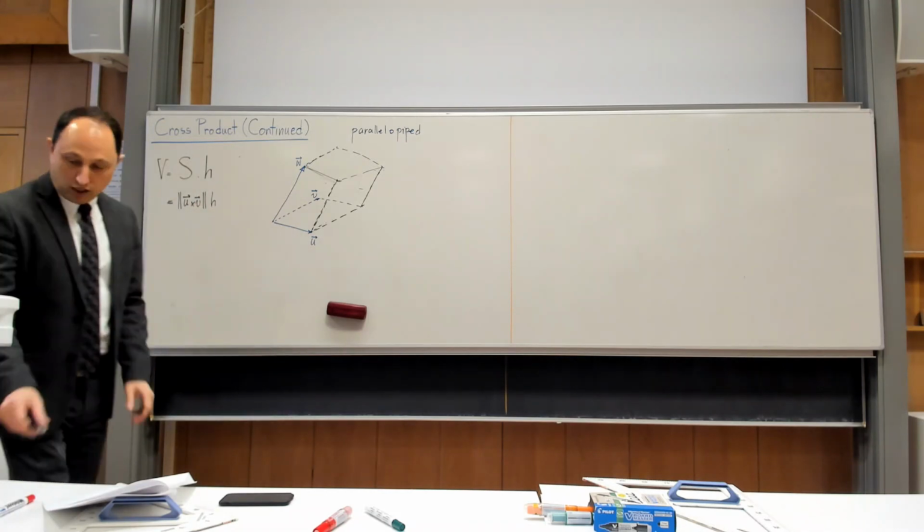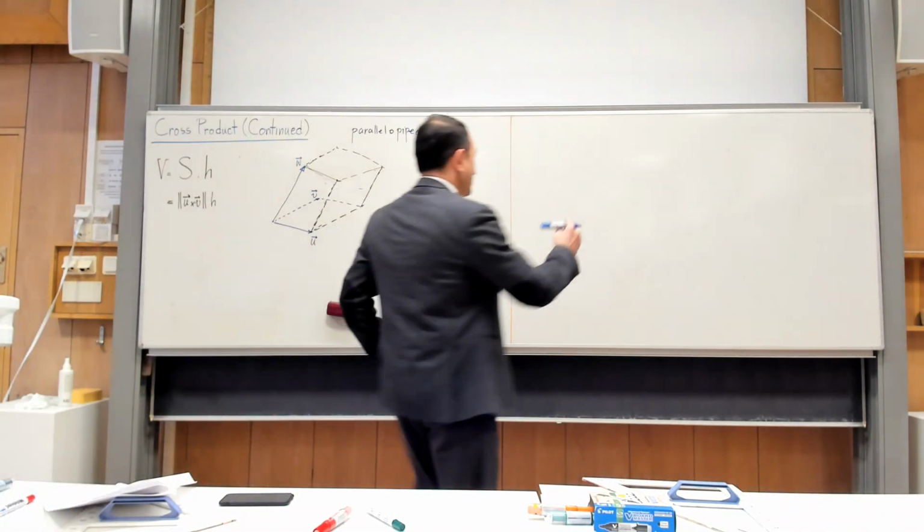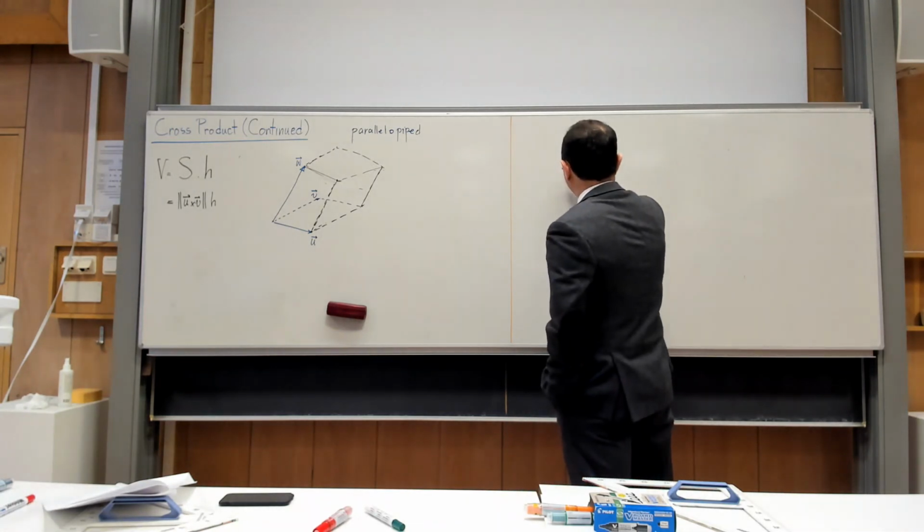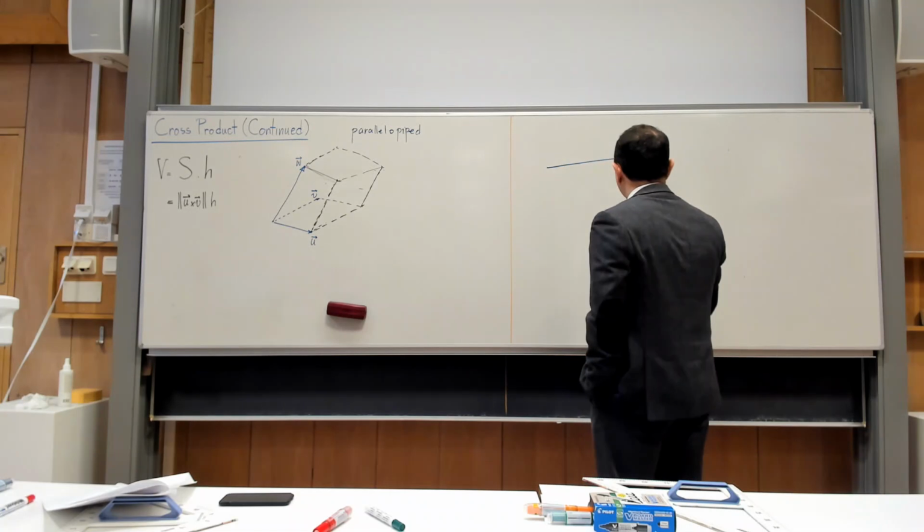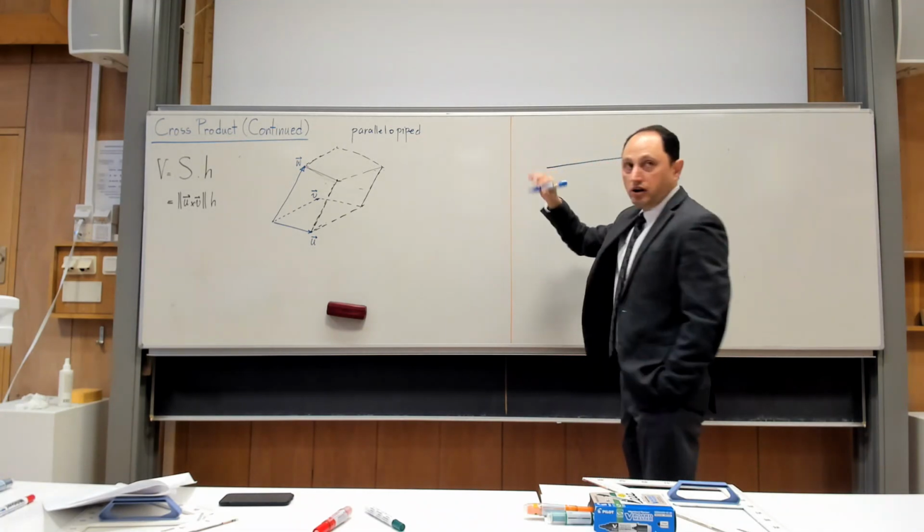But let me change my color and here remind you of something. If you can go back to your notebooks, to your notes, you will see that. Do you remember we talked about orthogonal projection?